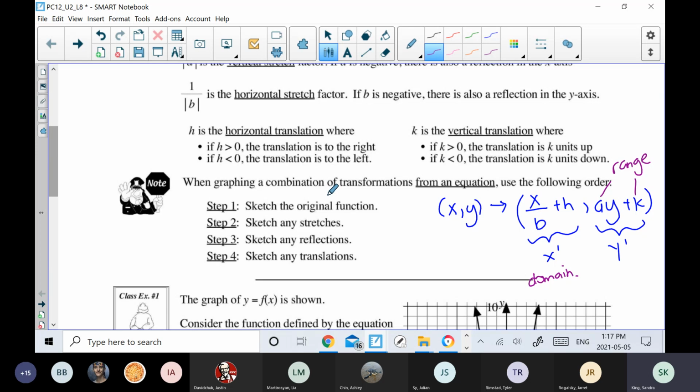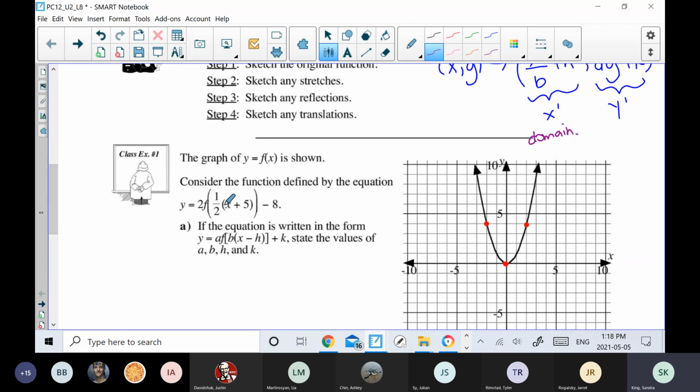When we discuss transformations, unless they say in this specific order, and on the test it wouldn't do that. On the exam, I'll show you what it would give you. It would give you something like this, and then you have to discuss the order, and you would always discuss the order in SRT.